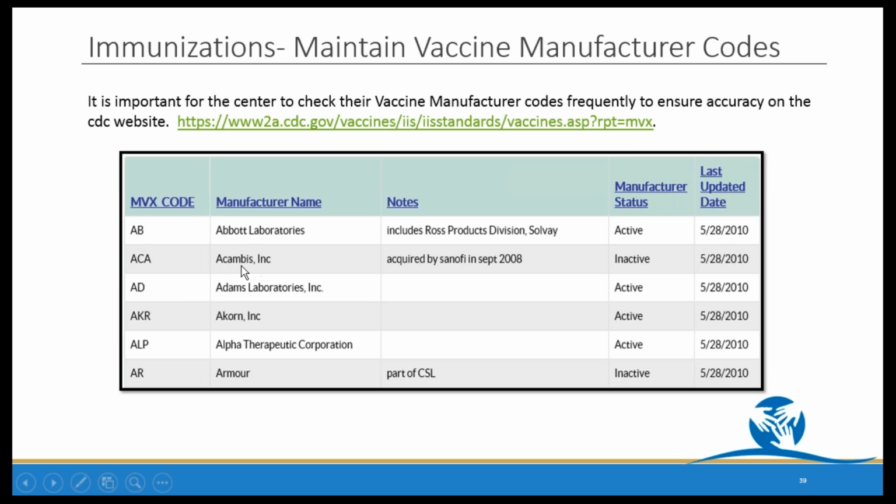Here it will show that Accombus is no longer active, but they were acquired by Sanofi. So if you had any vaccines that had a manufacturer of Accombus, you would want to make sure that you change them to Sanofi.